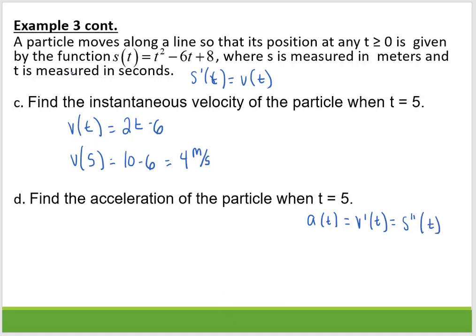So now I need to find the derivative of velocity, which is our acceleration function, and it is equal to 2. Now acceleration is the rate of change of velocity with respect to time, so the units are meters per second squared.